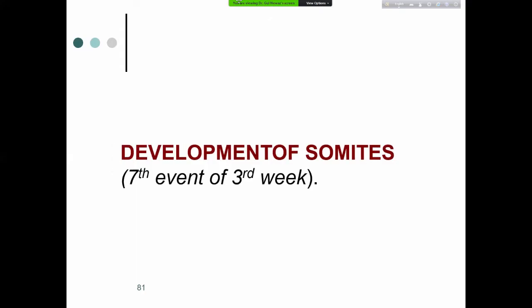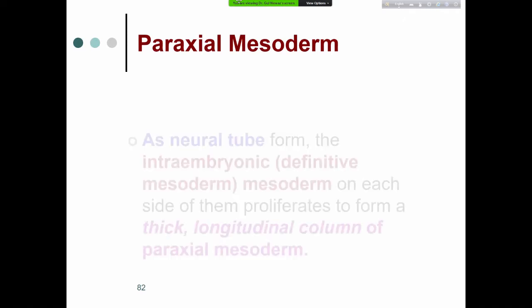Now the seventh event, and after that I will finish today. This is also very important, development of somites. This is the seventh event of the third week. So there is a term called paraxial mesoderm.